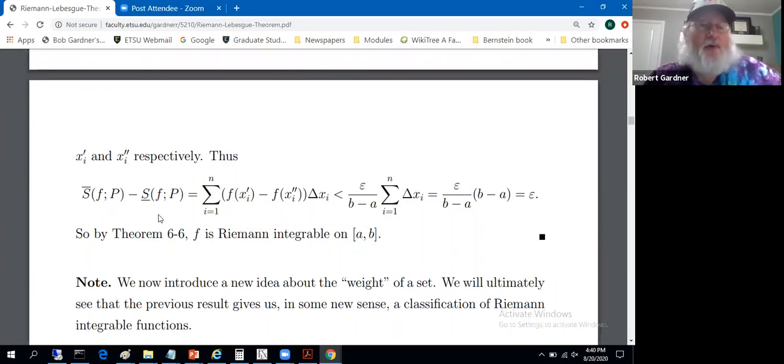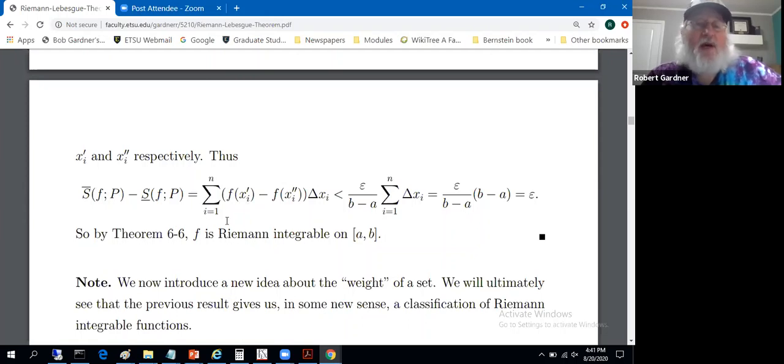So if we look at upper minus lower Riemann sums, well, the upper Riemann sums are based on sups of the function over subintervals. Hey, we got a continuous function on compact sets. We don't need sups. We can do maxes and mins. And we know where those maxes and mins occur.